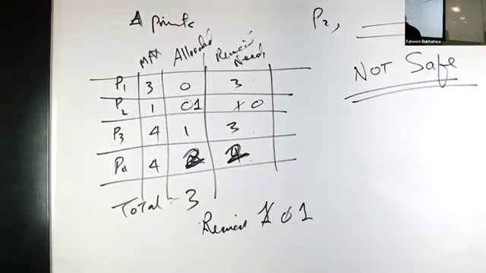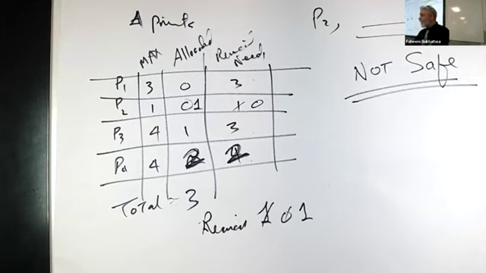So we're going to have a look at a couple of examples on the slides and see if you can figure out whether the system is in a safe state or not. So when do we call a system is in a safe state? Anybody knows the answer? If you're asked, what does the term 'the system is in a safe state' mean, how do you explain that?